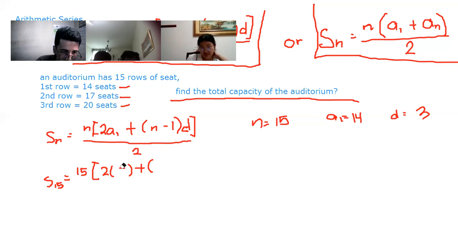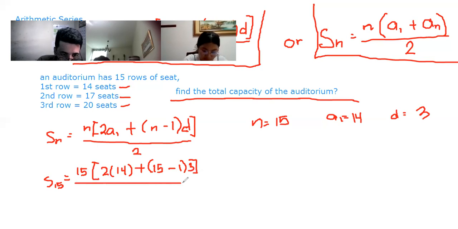A sub 1 is 14. Then, 15 minus 1 times d, our d is 3, all over 2. Yun lang ang pangit kay formula number 1 natin, mahaba, no?